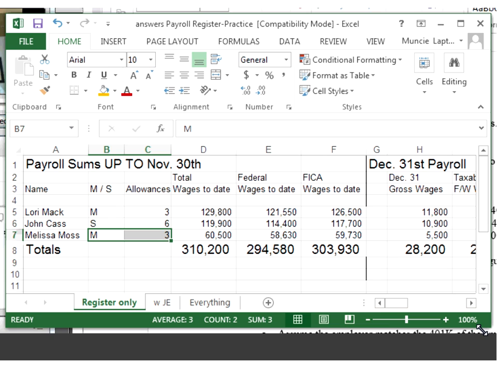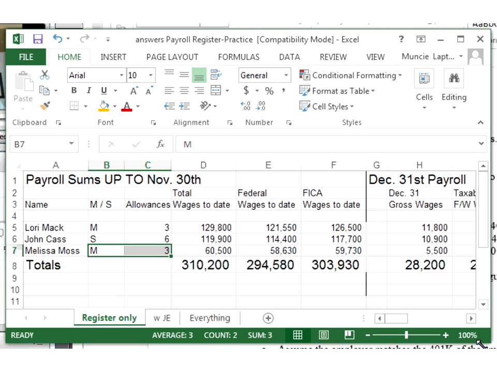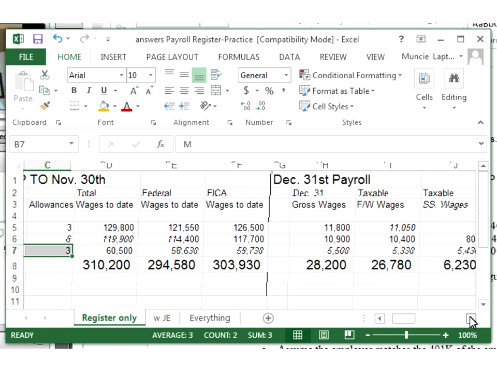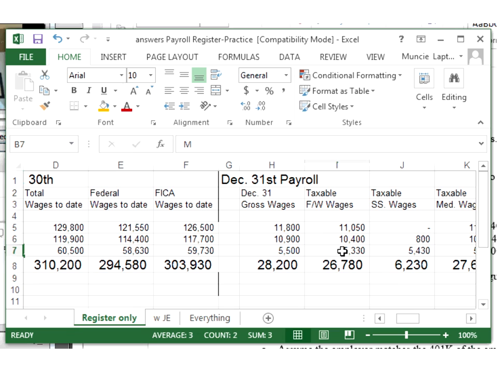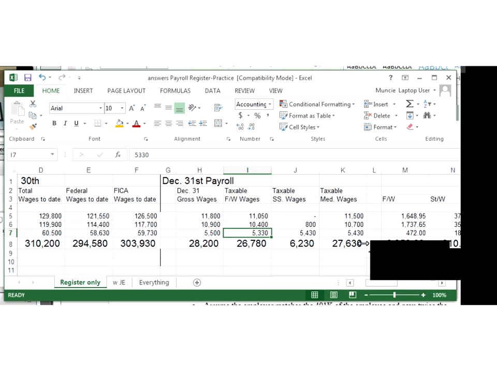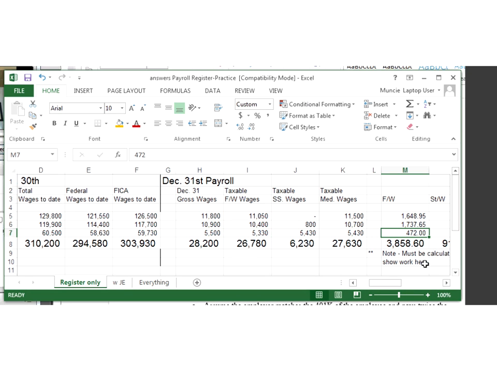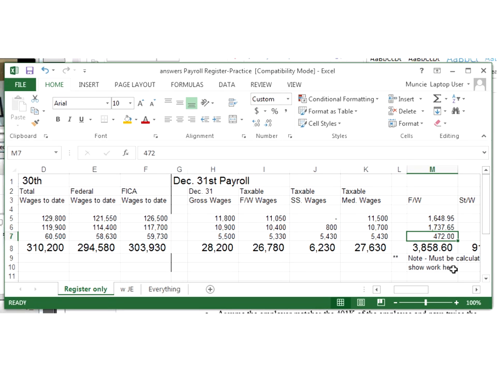So in the back of the payroll book, I look for the monthly, and then somebody who's married with 3 allowances with taxable federal wages of $53.30. And when you look that up, you should get $472. It should show $472 should be withheld from that individual's paycheck.